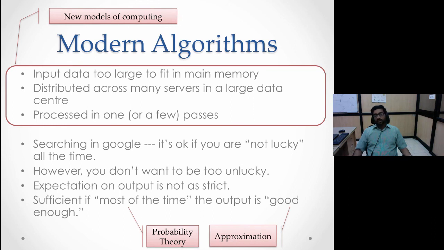And this is where the theory that we are studying, the probability theory and the various algorithmic models, will be helpful in designing the right type of algorithm. So without further ado, let's get started on some new ideas, models, and algorithms for big data.